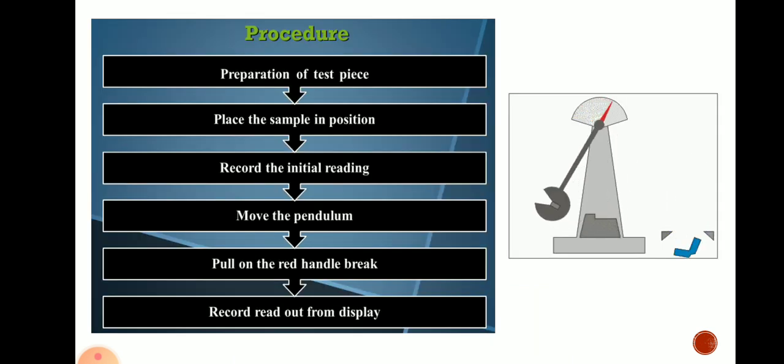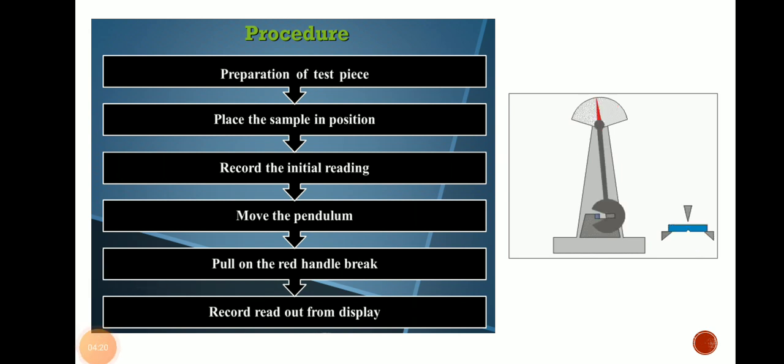Secondly, we will place that sample in the position you can observe in this diagram. It is placed like a cantilever beam with the notch facing in the opposite direction of the hammer. So this is the placing position of the test specimen in the Charpy V notch test. Thirdly, we'll record the initial reading.